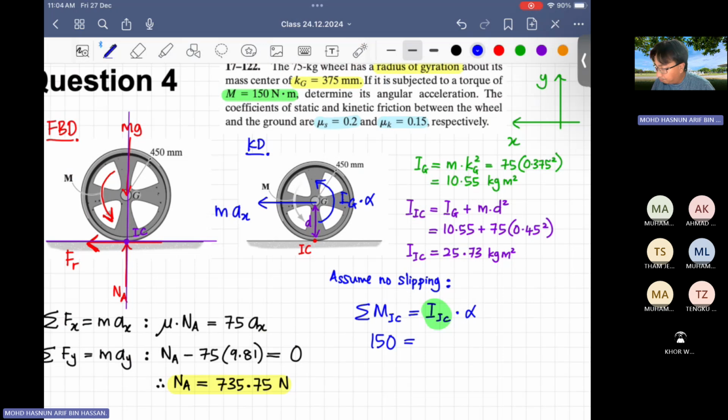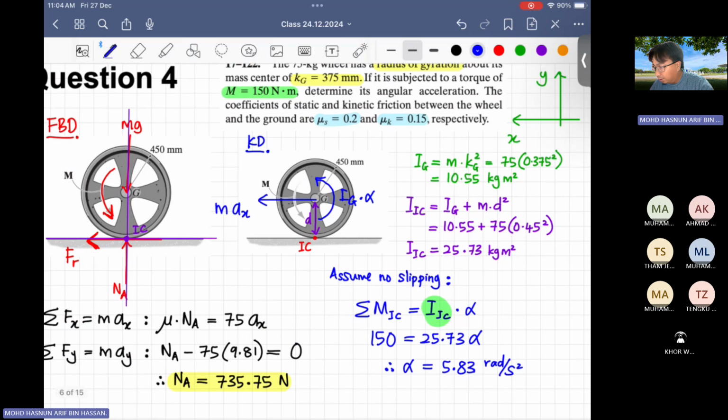It is equal to IIC, 25.73, alpha. Therefore, you can get the value of alpha from here, which is equal to 5.83 radian per second square.